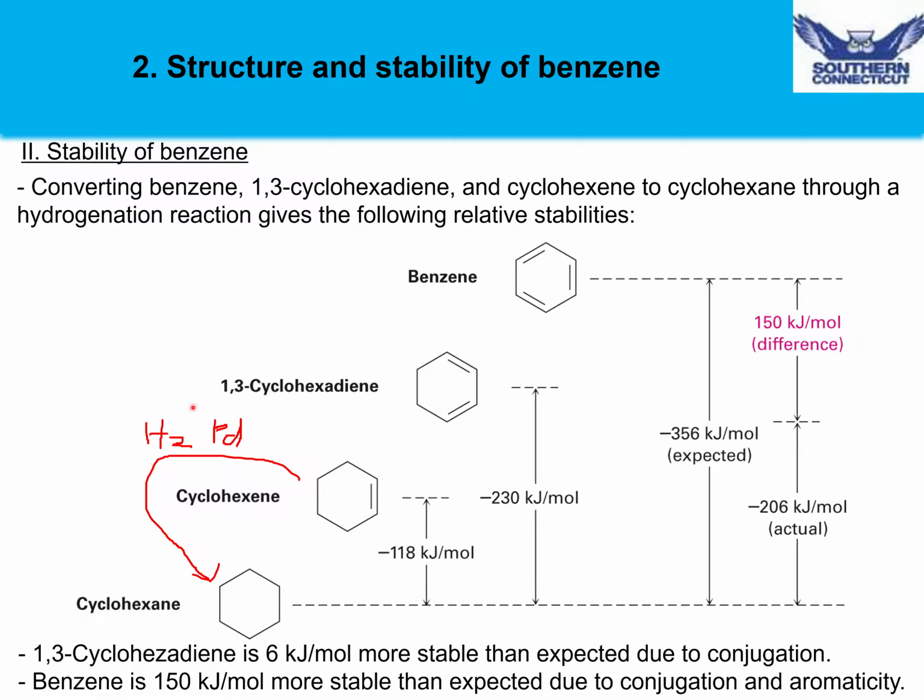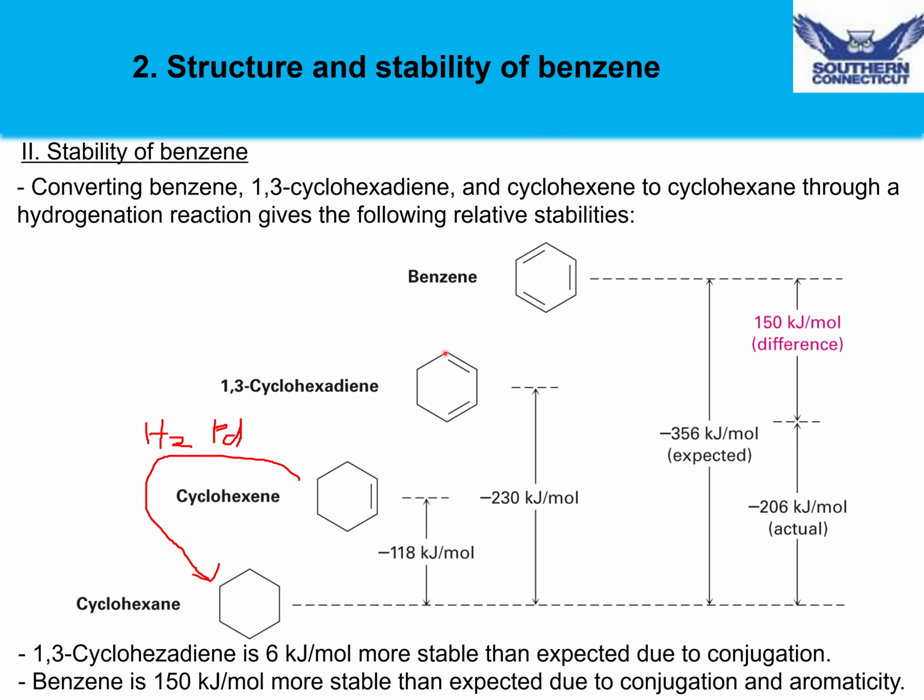So in other words, palladium adds hydrogen atoms to this double bond to convert it into an alkane. The reaction leads to the release of 118 kilojoules per mole, since the reaction is exothermic.